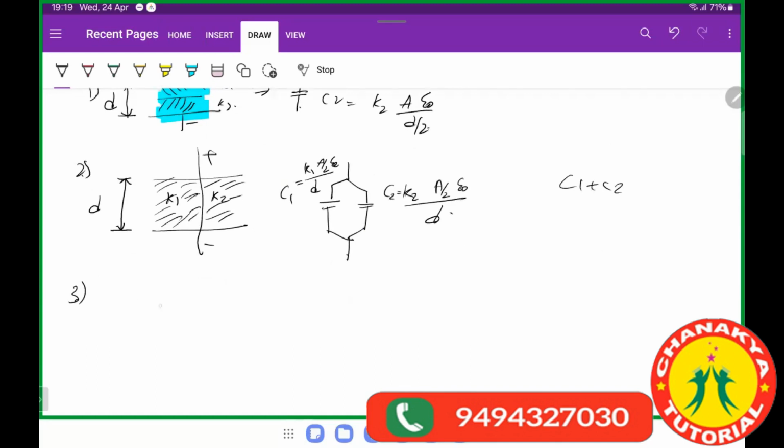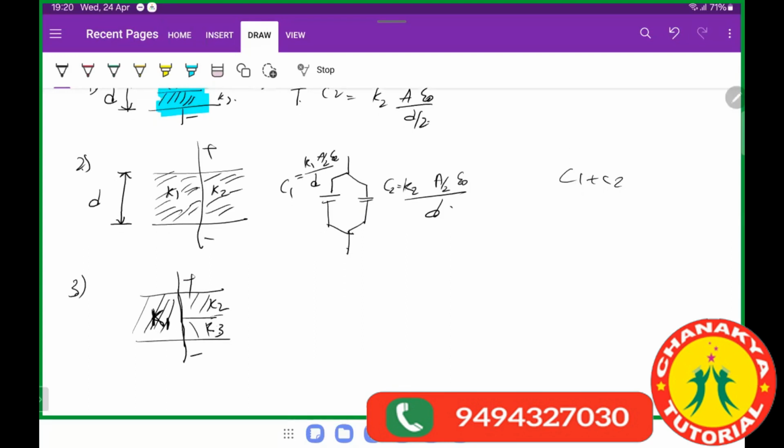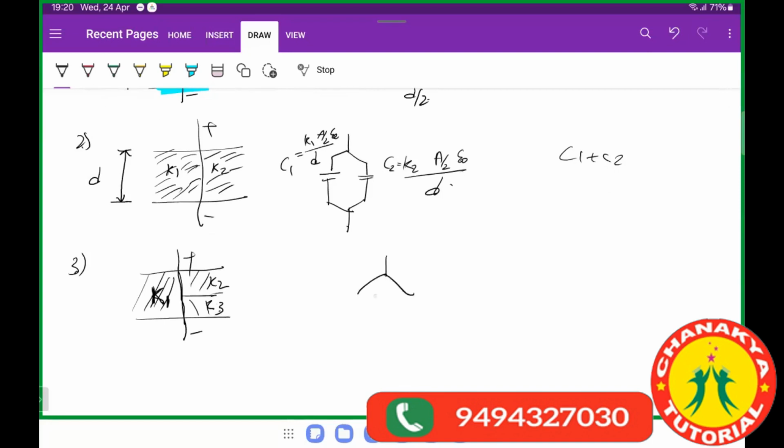Let's take the third one. Let's divide this one now. This is K1, this is K2, this is K3. K2 and K3 are in series, and together with K1 they are in parallel. Now, how will you divide area and distance?